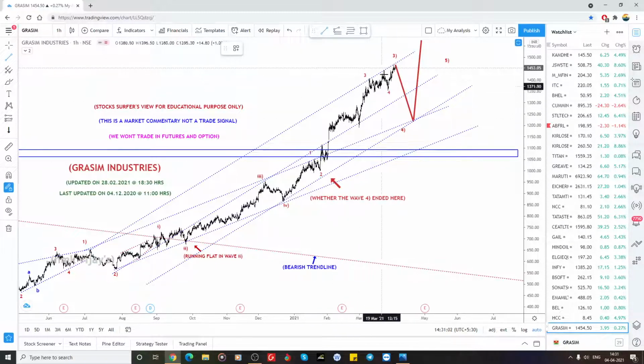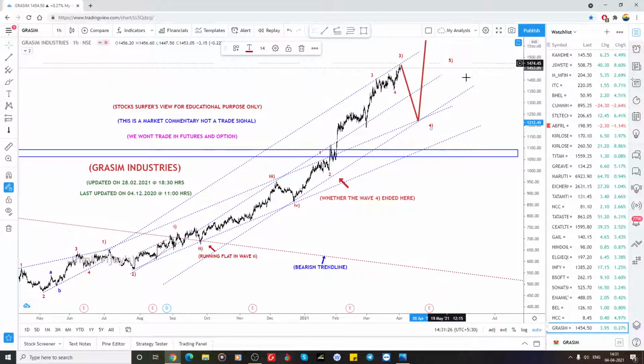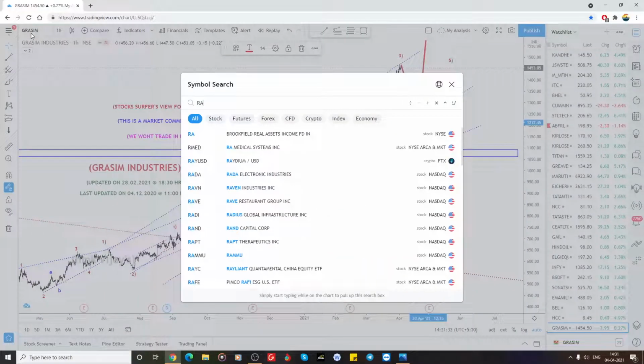So this third wave got extended, and then the fourth was a running flat, and the fifth has already completed, or it can make one more high to 1475 or 1480, and then I'm expecting that drop, a three-wave structure as a triangle or irregular flat. It's a correction for the fourth wave. The typical fourth wave is a triangle. So let's see, and the next is Raymond.